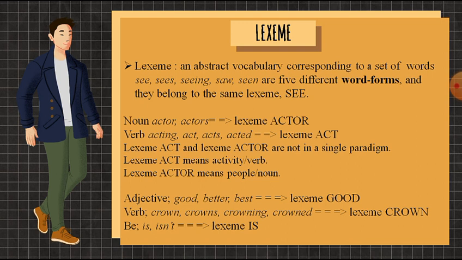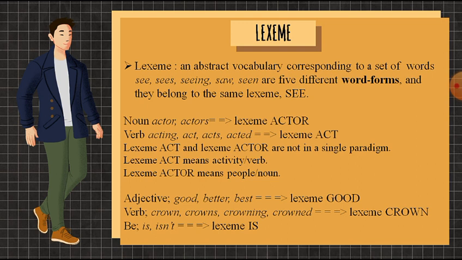There is see, see plus ing, saw as the second form of the verb, and seen as the third form, but they come from the same lexeme, see. It's like the basic word.